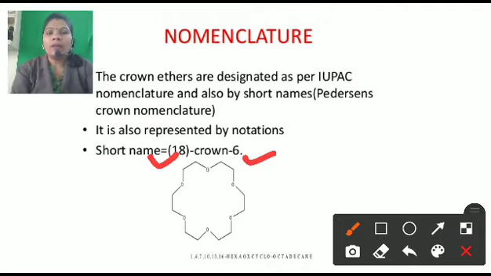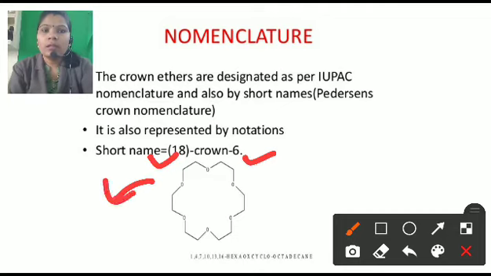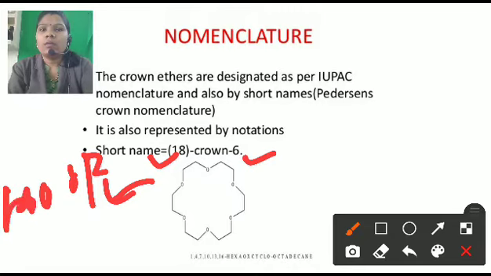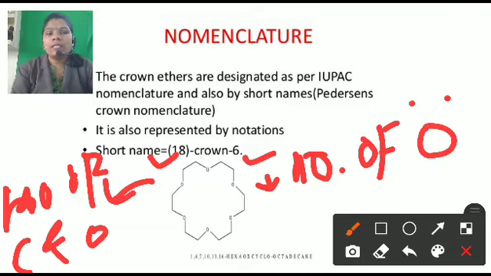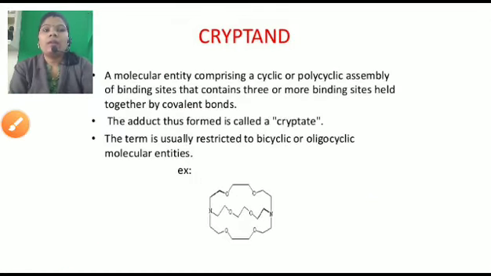If we take the example below, there are 18 total carbon and oxygen atoms, and 6 means only the oxygens. There are 6 oxygens, and the total number of carbons and oxygens is 18. That's why the name of this crown ether is 18-crown-6.